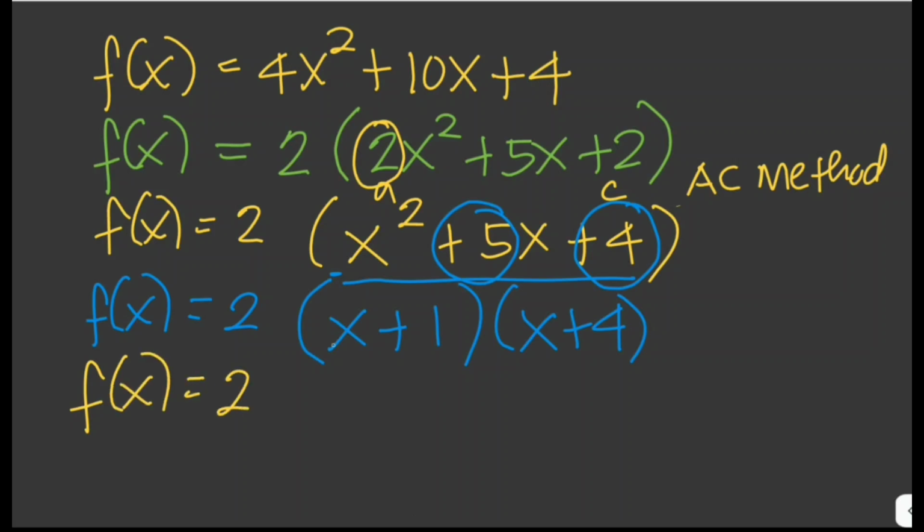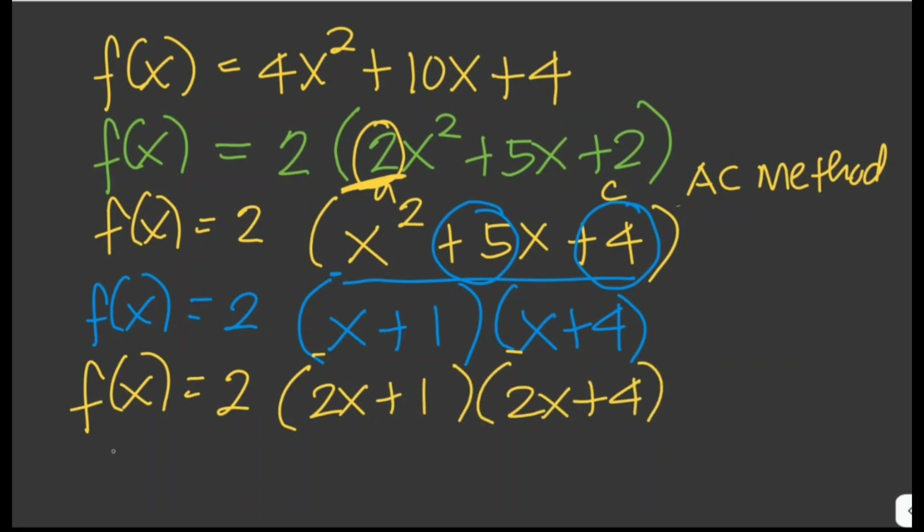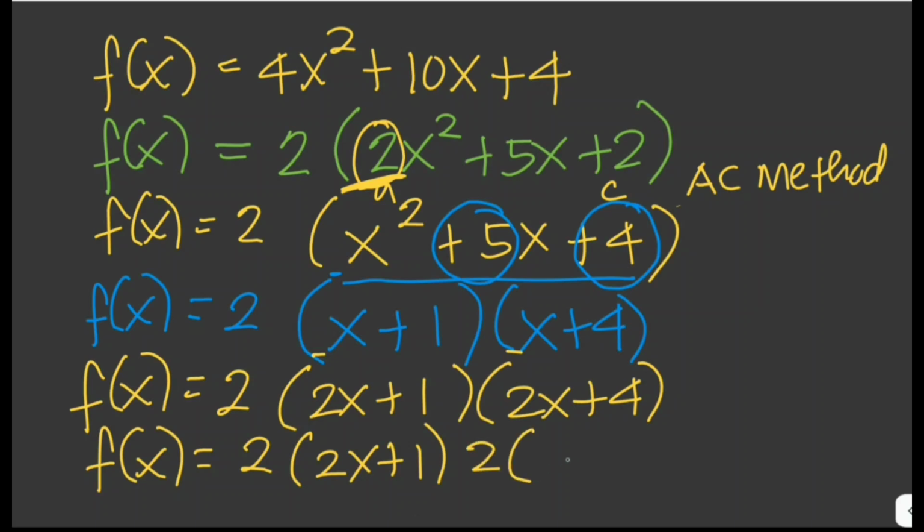Right, and now we replace the leading coefficient by the original leading coefficient, which is 2 here. So that would be 2x plus 1 times 2x plus 4. And then we factor further. So this would be 2 times 2x plus 1 times 2 times x plus 2.